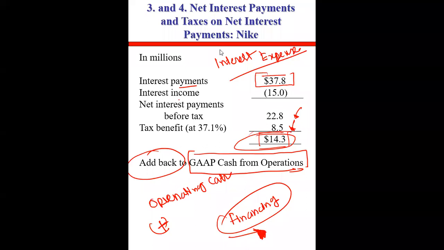Subtract. What do you think? Why? You see, the interest payment made a cash outflow, and you have made the subtraction already in the cash flow from operations part, right? Now you like to take it to the financing. You have to add back to the operating part, and you have to subtract it in the financing part.